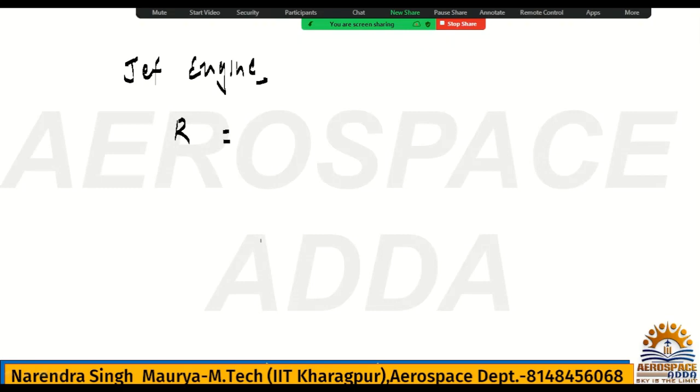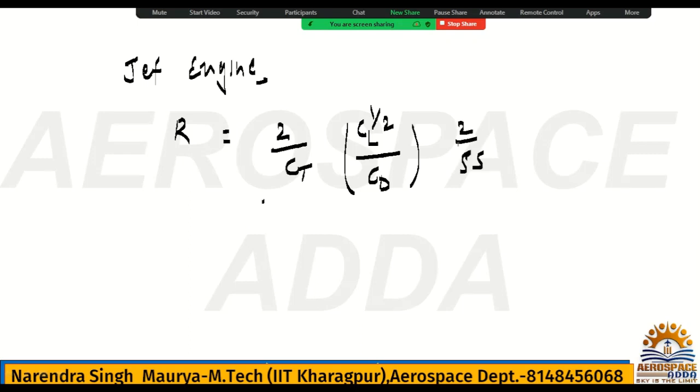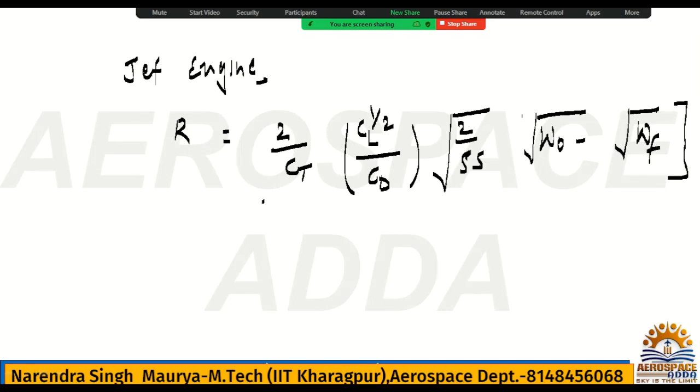So range is nothing but 2 upon c_t, okay, and here it is CL to power 1 by 2 by CD, for jet engine, and it is 2 upon rho S, and which is nothing but W initial root minus W final root. All right, this is the problem. Yes or no?